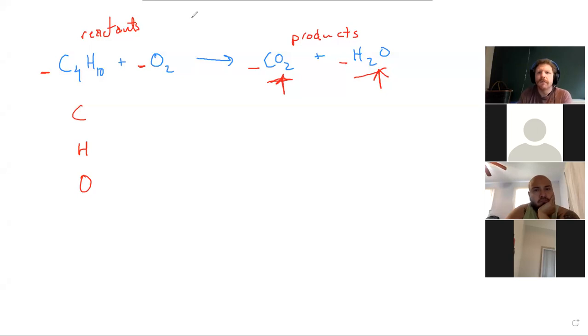Okay, just for the sake of beginning the discussion, if I said that we had 2 O2, would that give me enough oxygen to make a CO2 molecule and an H2O molecule? 2 of those oxygens would be utilized for the CO2.